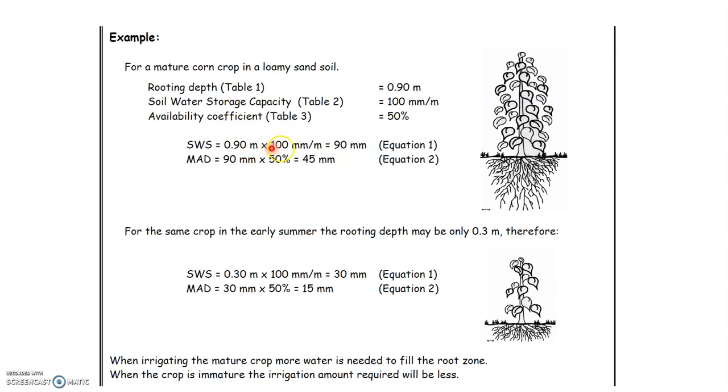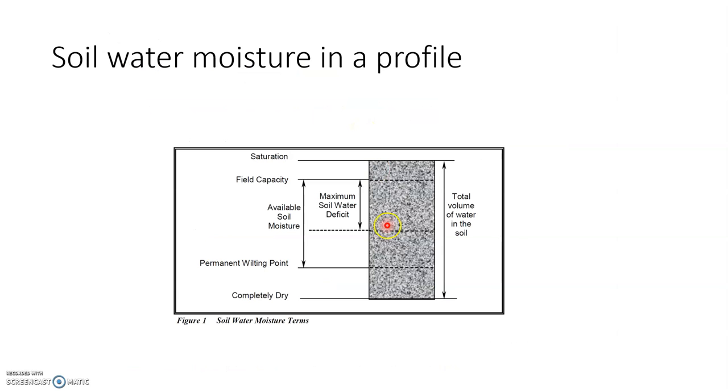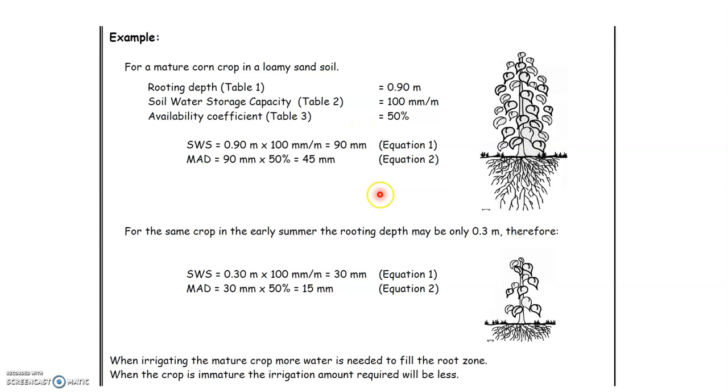So when we calculate this, 90 mm of water can be held in the soil at the 0.9 meter rooting depth. When the water has depleted to 45 mm, then again we need to irrigate, because this is the maximum soil water deficit. We should not allow more than 50% of the water to deplete.